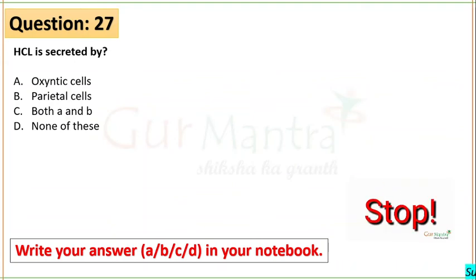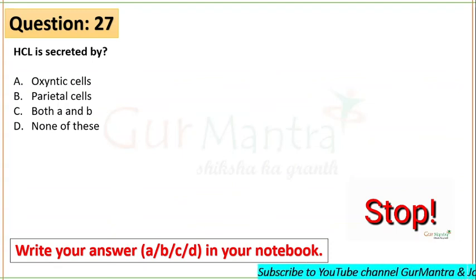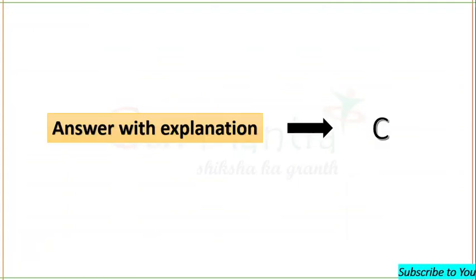Hydrochloric acid is secreted by parietal cells, also known as oxyntic cells. So both A and B are right options, but the correct answer is C. Next question is on your screen.